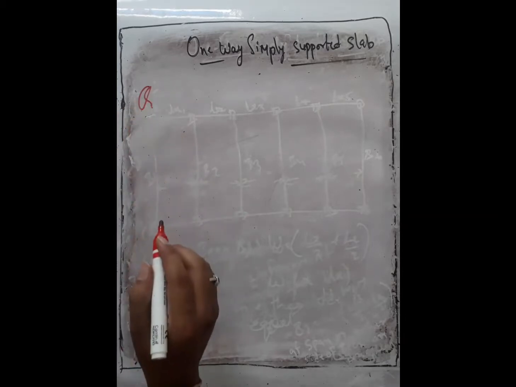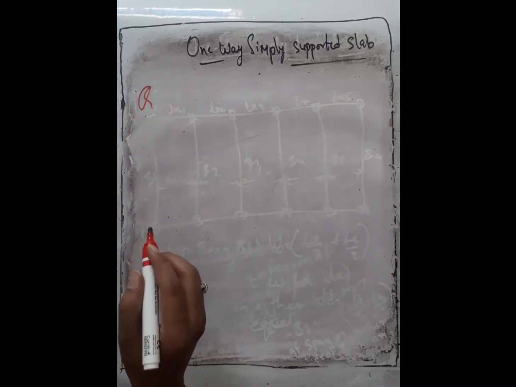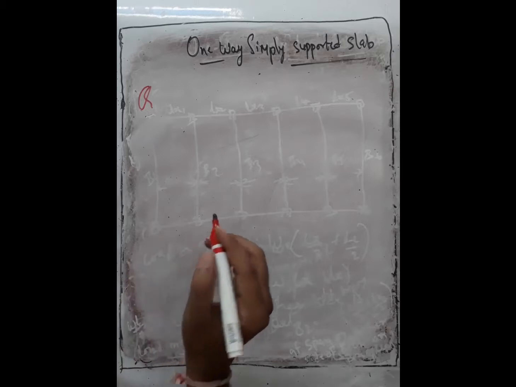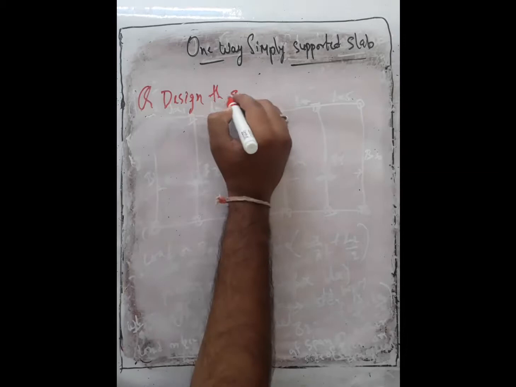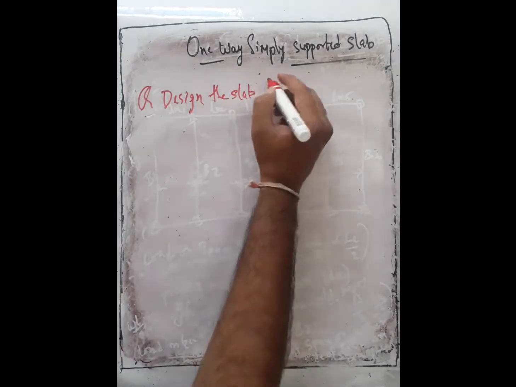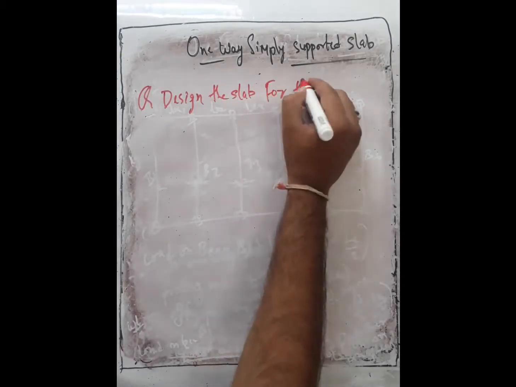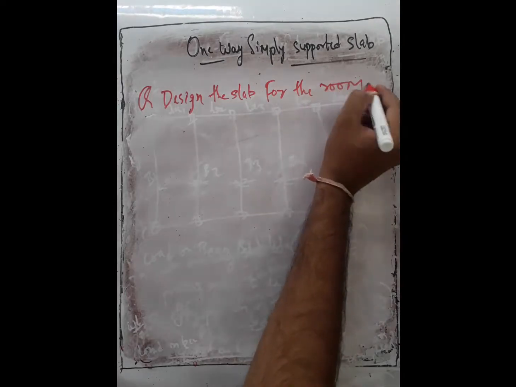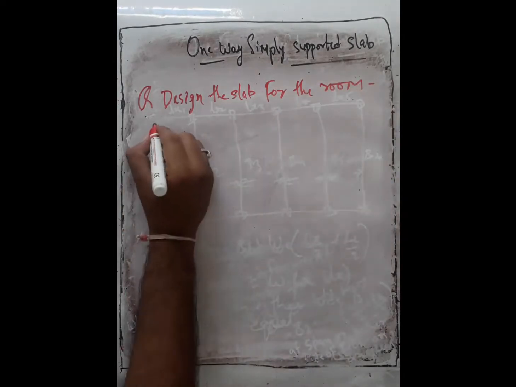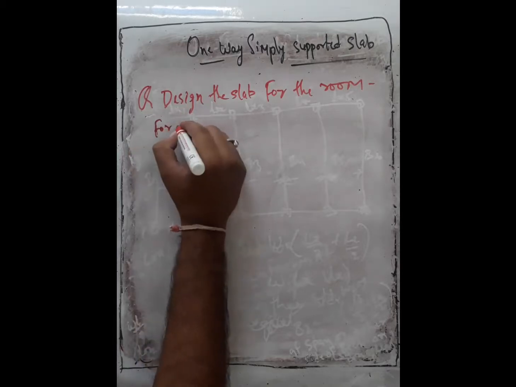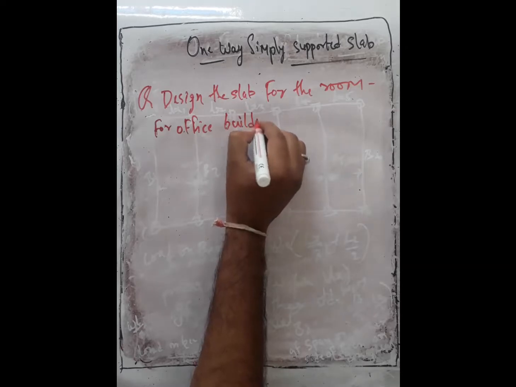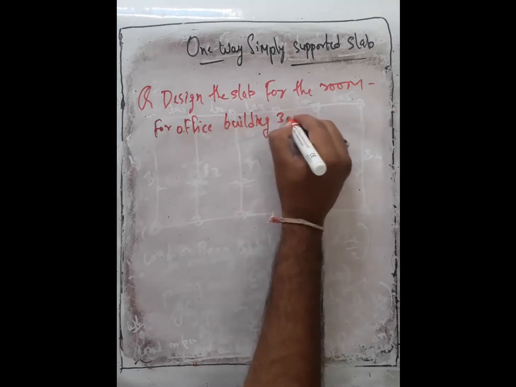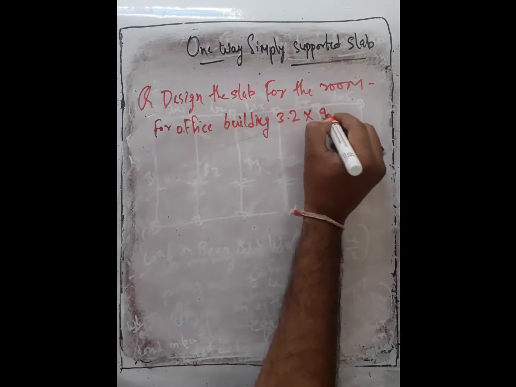So the problem is: design the slab for the room for an office building, 3.2 into 9.2 meter.